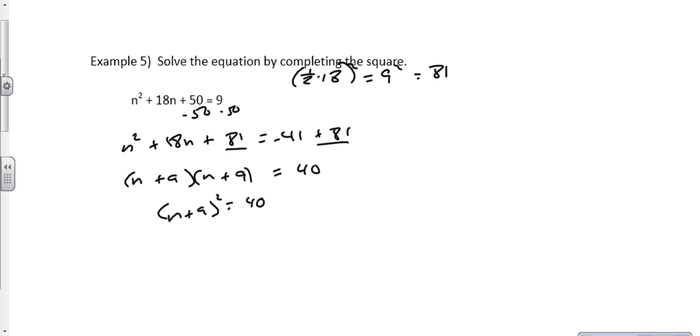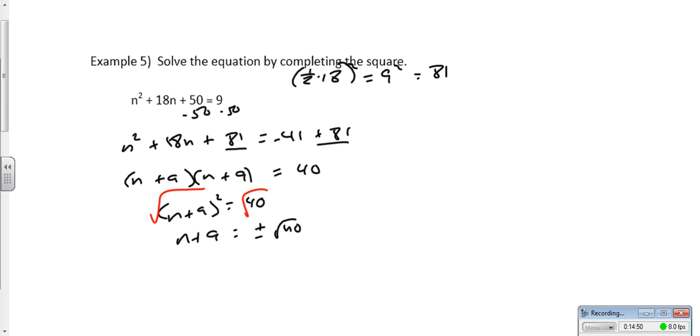We square root both sides, and we get n plus 9 equals plus or minus root 40. Now my next step would be to subtract 9, and we get n equals negative 9 plus or minus square root of 40.